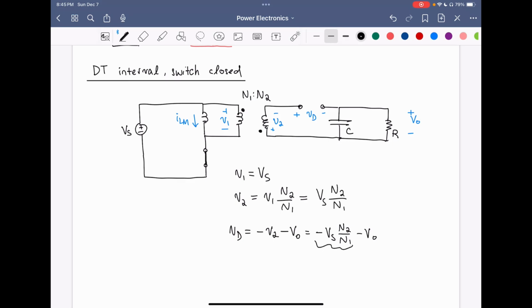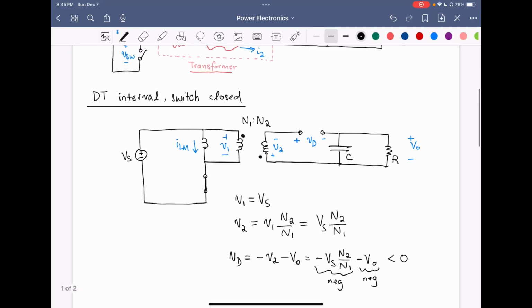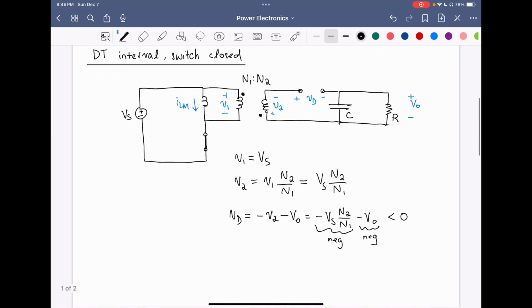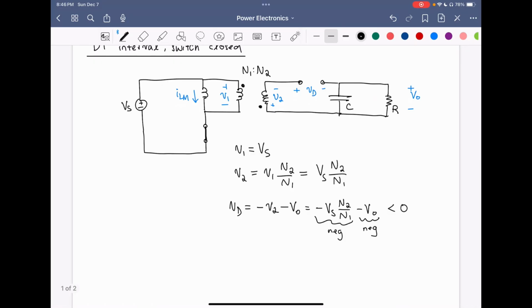We know this is a negative quantity. Negative Vout is also a negative quantity. So therefore, VD is a negative quantity. If VD is negative, that confirms that the diode is off, and we're representing it in this case with the open circuit.